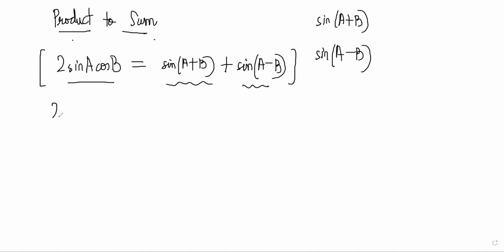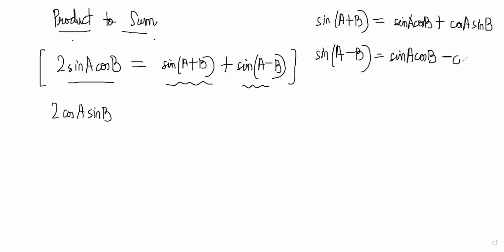If it was, for example, 2 cos A sin B, those terms also come from here only. Sin A cos B plus cos A sin B was here, and this was sin A cos B minus cos A sin B. So we subtract now.